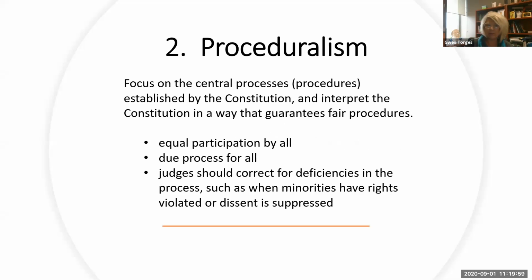So for example, some of the processes that they would identify are things like equal protection by all. So, you know, free and fair elections. They would say, interpret the Constitution in a way that upholds that idea of free and fair elections.